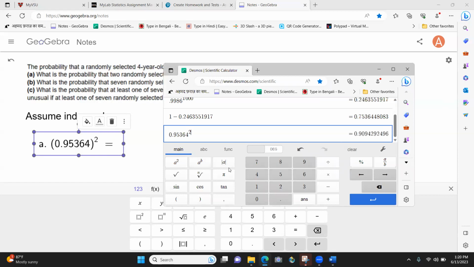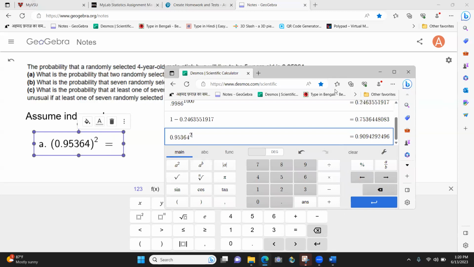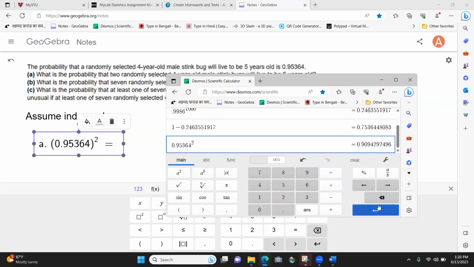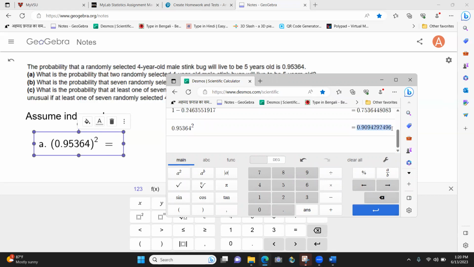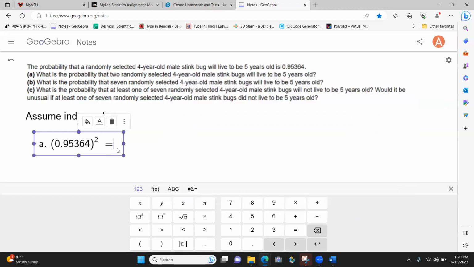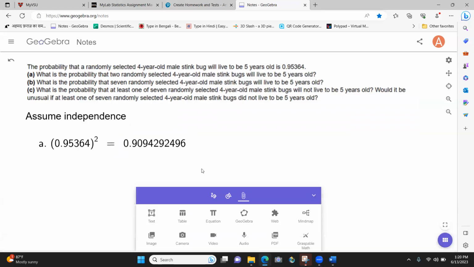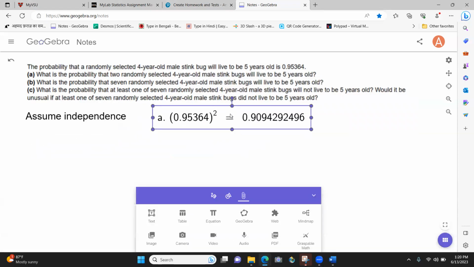And let me tell you, on the exam, it's a good idea to use Desmos because you can copy paste and you're not going to enter the wrong number. See what we get. I'm getting 0.9094. Fine. Done with it. Save it here.